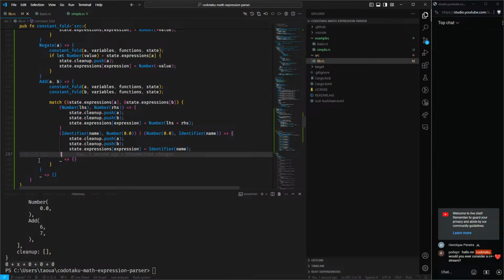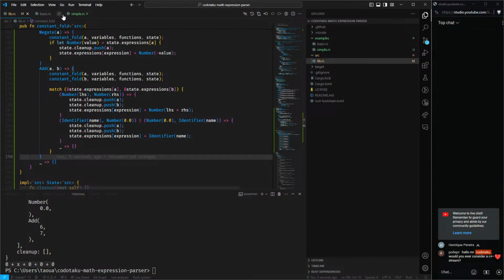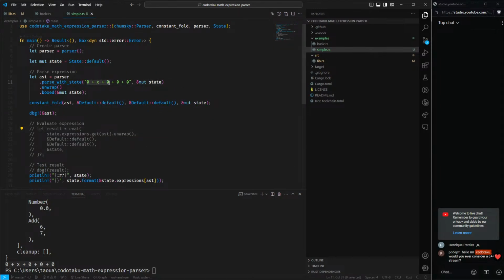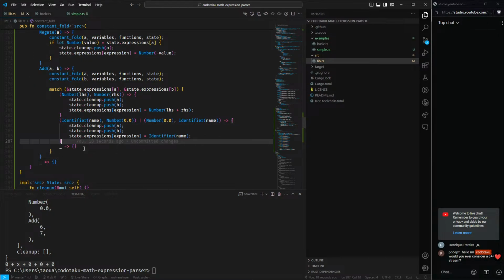So that's the additive identity. Great. So let's go right now to the multiplication. Now in multiplication, if you have 1 times x, or whatever, you can just get rid of this one, right? You can just get rid of that multiplication.